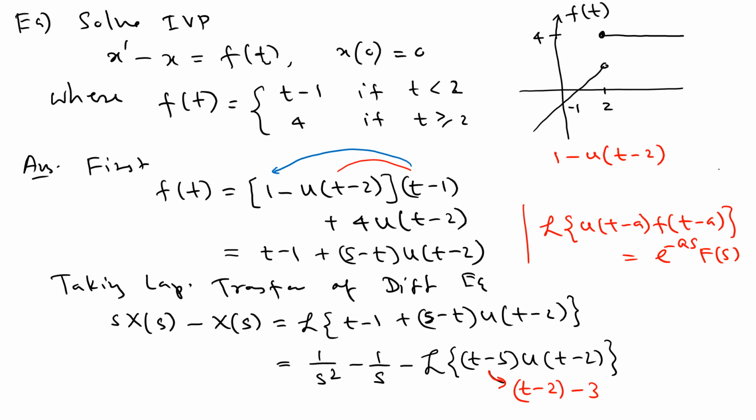So your actual function is going to be t minus 3. So in this case your function acts like t minus 3. So you ignore this part, just replace t minus 2 with t, because you have to bring it to the same format.